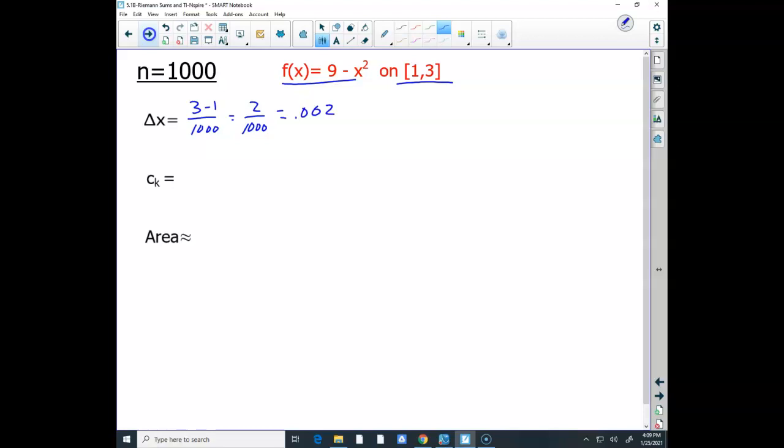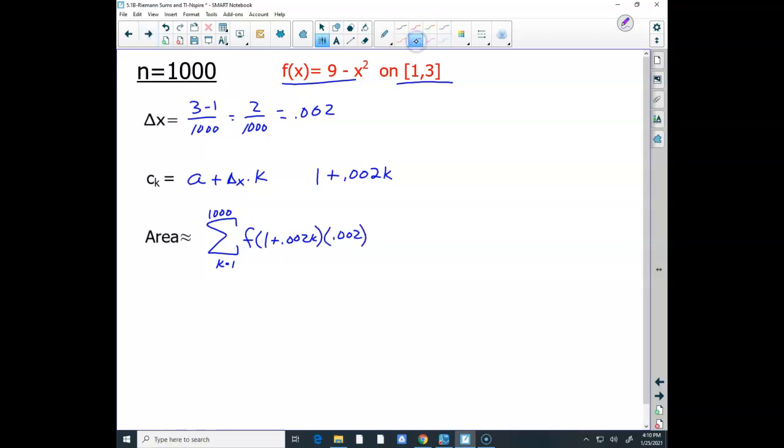Because we're always using right endpoints, it's always going to be a plus delta x times k, or 1 plus 0.002k. And to type this in in sigma notation, k is going to start at 1 and go to 1,000 of f of 1 plus 0.002k times 0.002. This is going to give me my area.